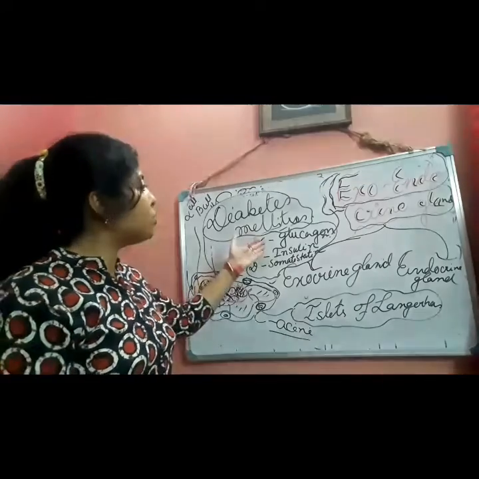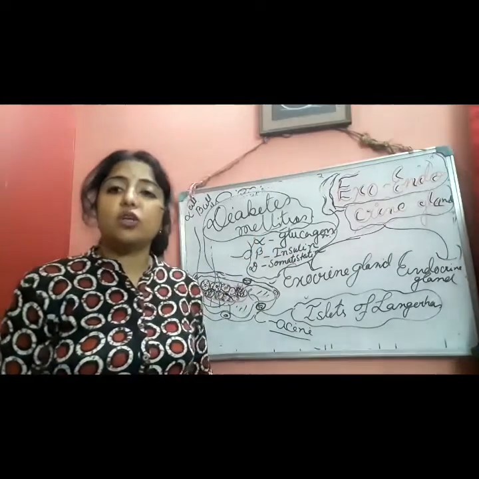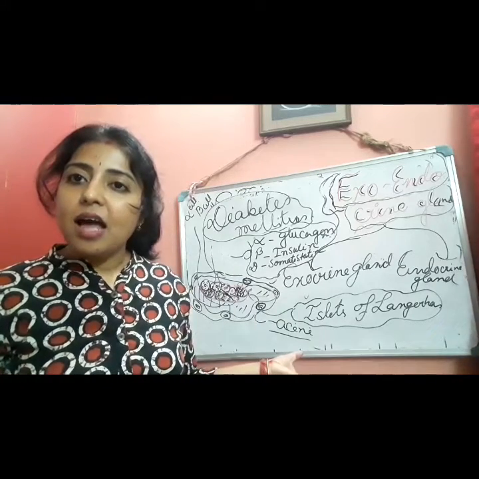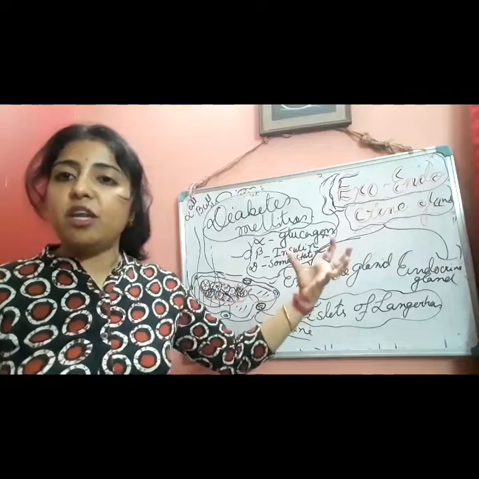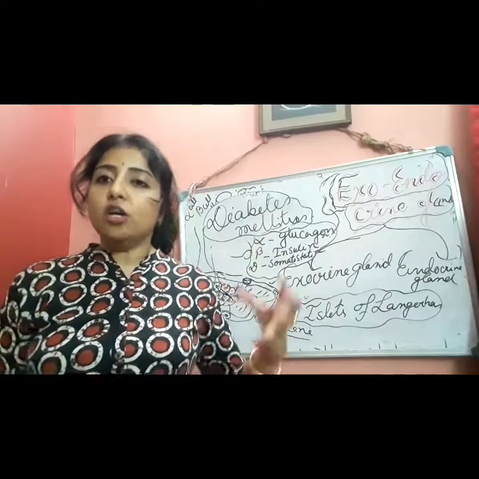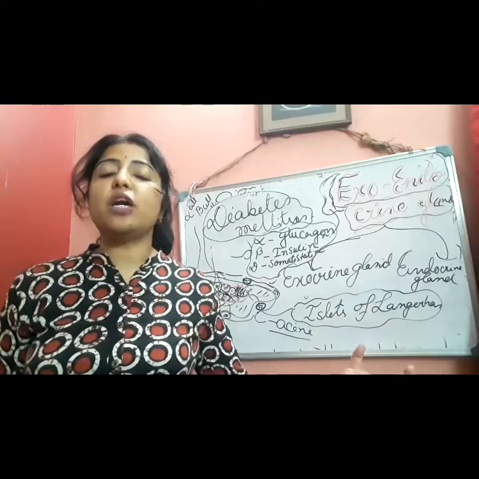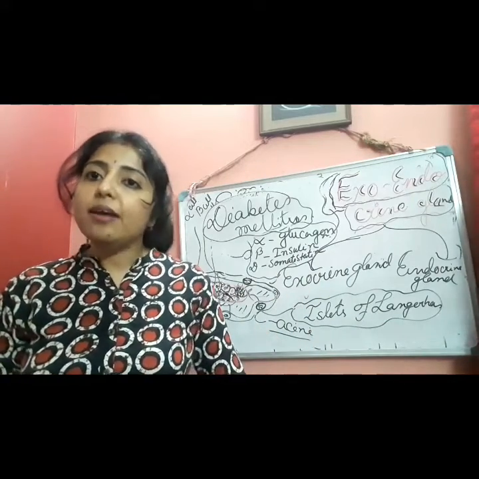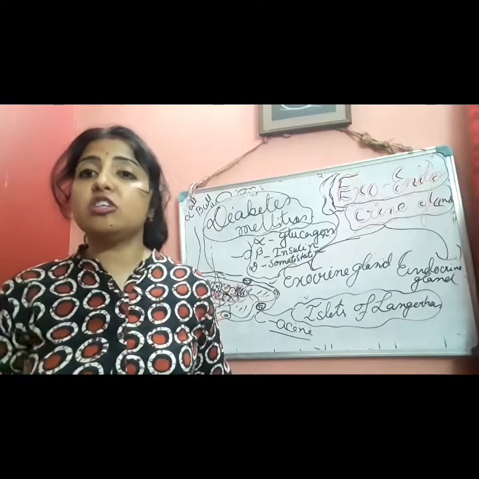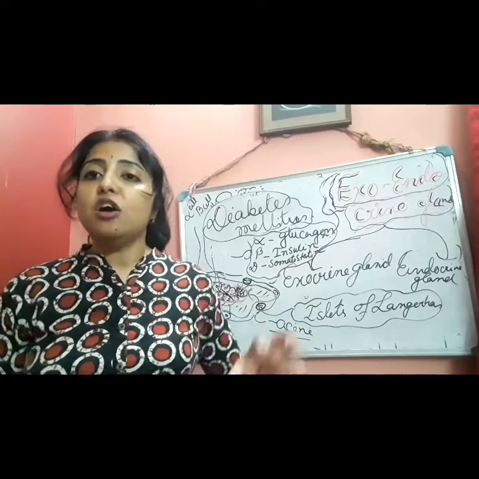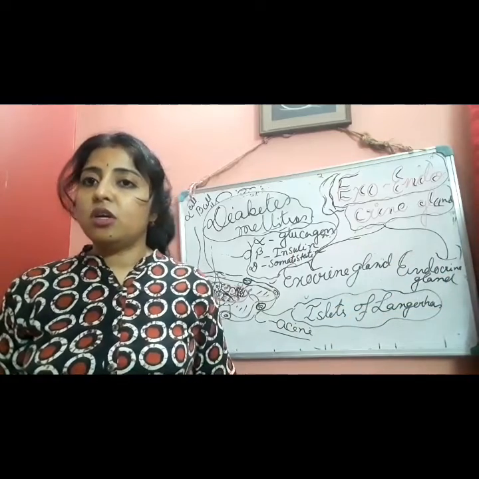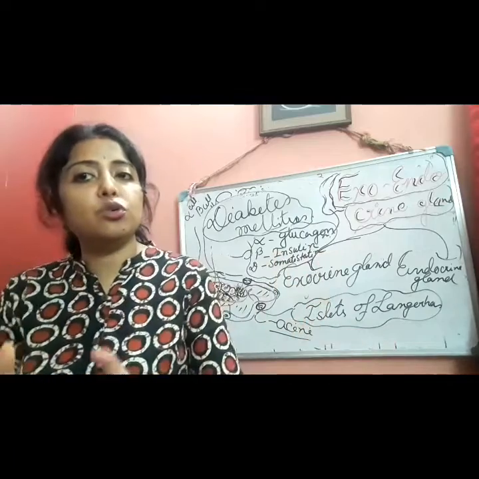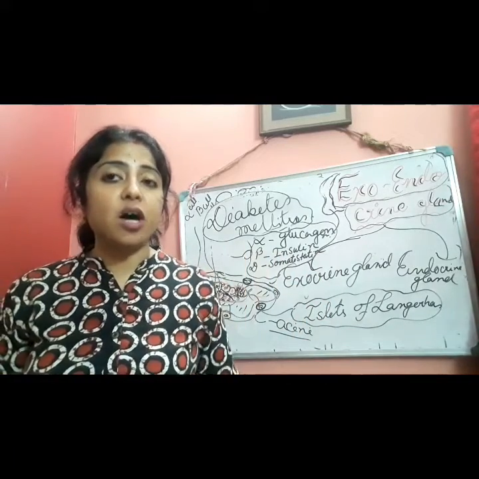Clear? So for glucagon, if there is hypersecretion, what will happen? The level of glucose will increase. If the secretion of glucagon increases, the secretion of insulin will decrease, and excess glycogen will be converted into glucose, which is very dangerous for us.